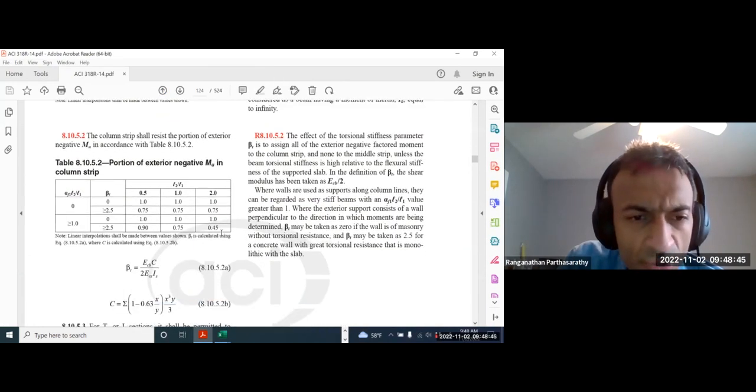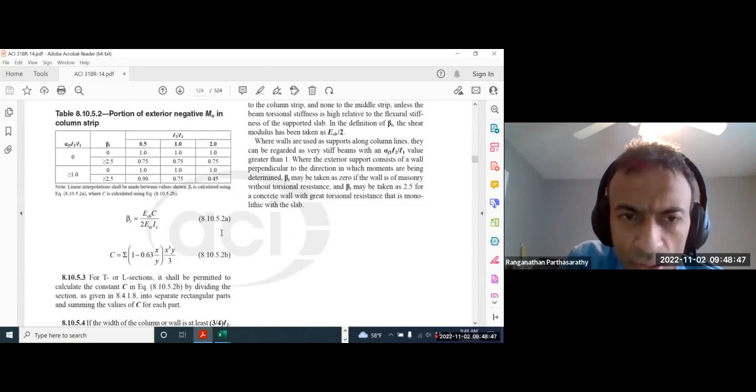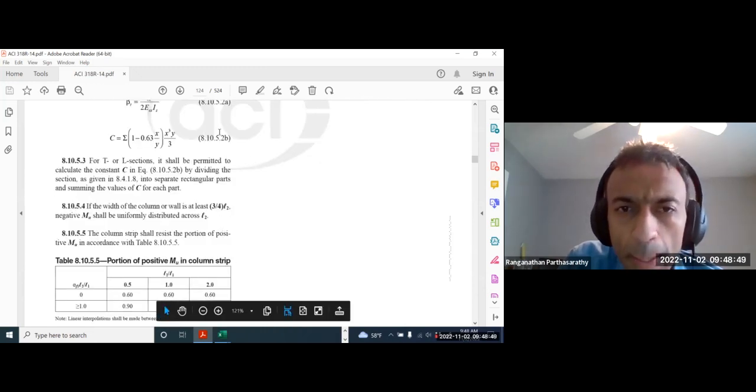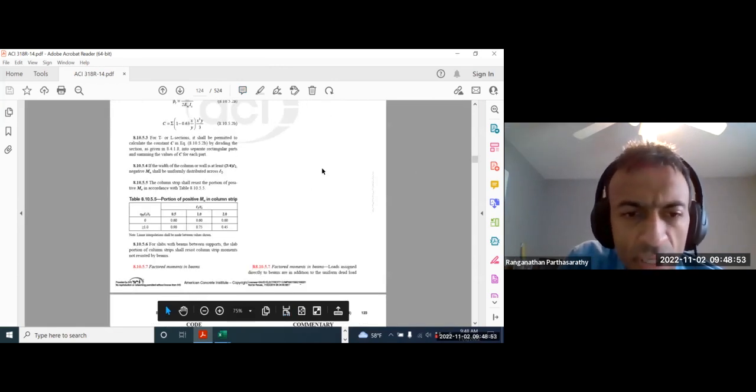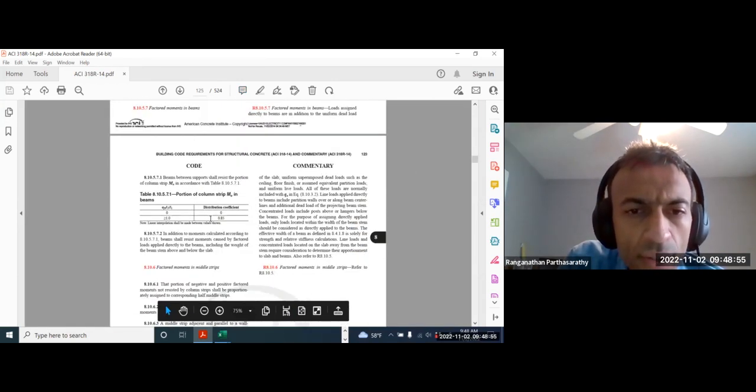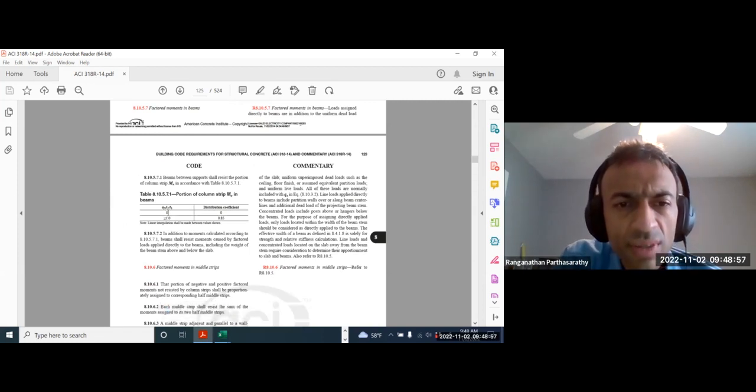That comes from here. So distribution coefficient alpha F1 L2 by L1 is 0. Distribution coefficient greater than or equal to 1, then 0.85.